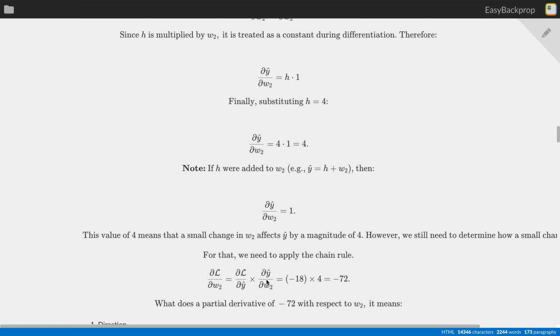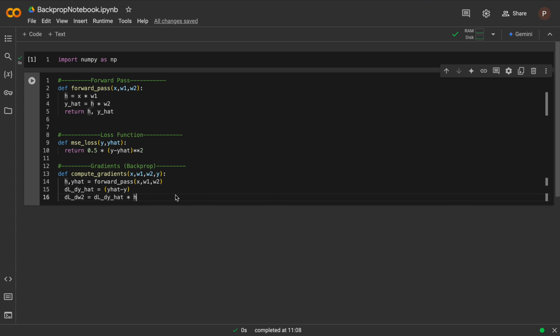And the second one tells us how a small change in w2 affects y hat. And because of the chain rule, we can chain the gradients together. And this way we know how a small change in w2 will have an effect on the loss, even though they're not directly tied together. We need this first partial derivative to tie them together. Okay, so that's what we implemented over here.